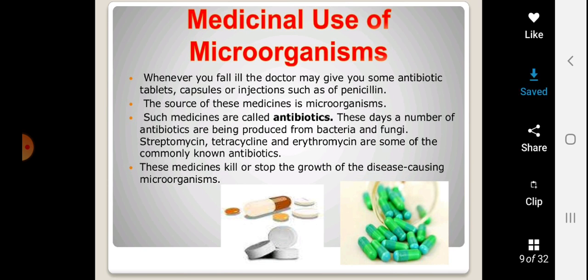This medicine kills, or stops the growth of, disease causing microorganisms in the body, so the human body can recover well if microorganisms have entered it. So far we have discussed the uses of microorganisms: they are used for production of dairy products, curd, cheese, pickle.